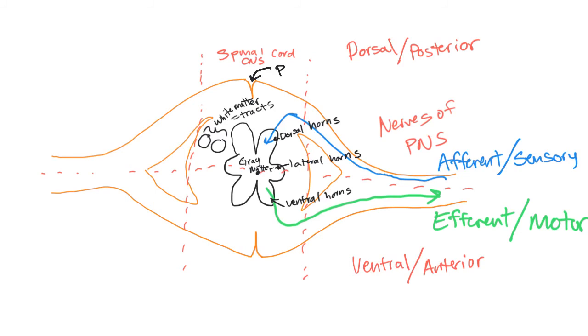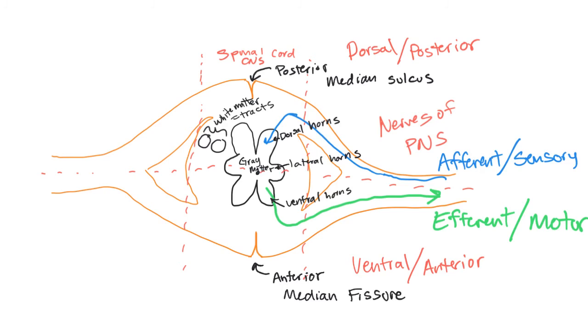So we have the posterior or dorsal median sulcus, and the anterior median fissure.